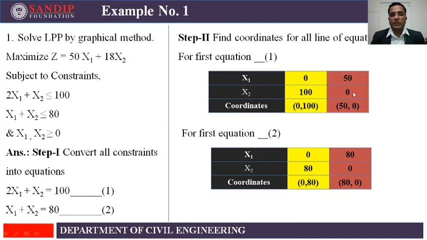Then put x2 equals 0, then we get x1 equals 50. So finally the coordinates for the first equation are (0, 100) and (50, 0). Now for the second equation, again similarly put x1 and x2 one time each as 0, so the coordinates we get are (0, 80) and (80, 0).